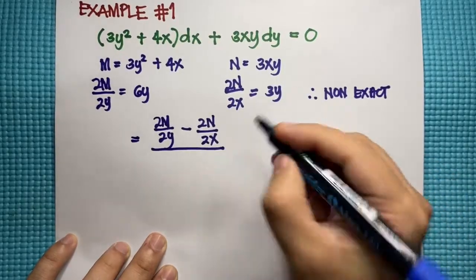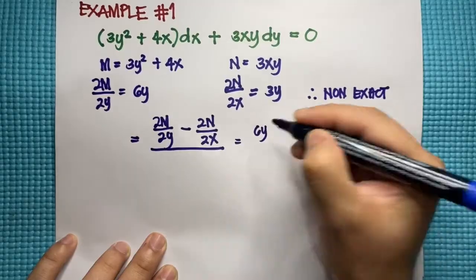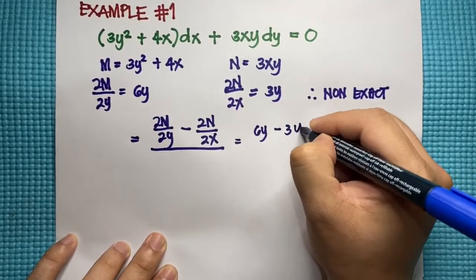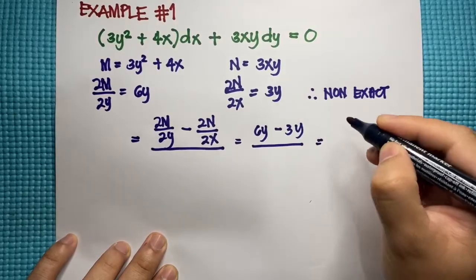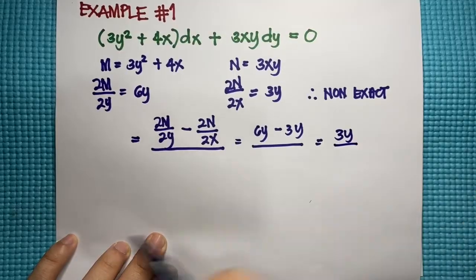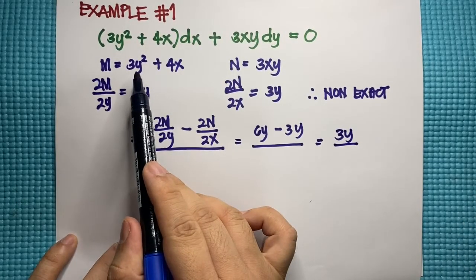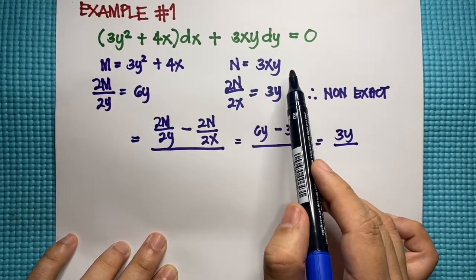If I substitute, I'll get 6y minus 3y, which is equal to 3y. So there are two choices: either I divide with 3y squared plus 4x, or I divide it with 3xy.